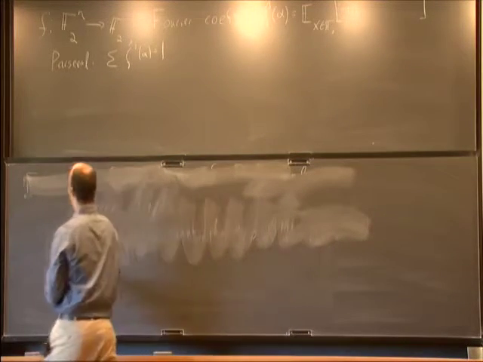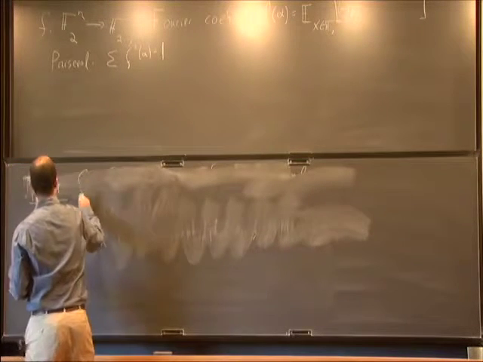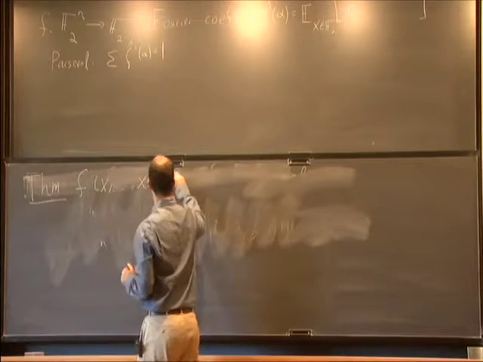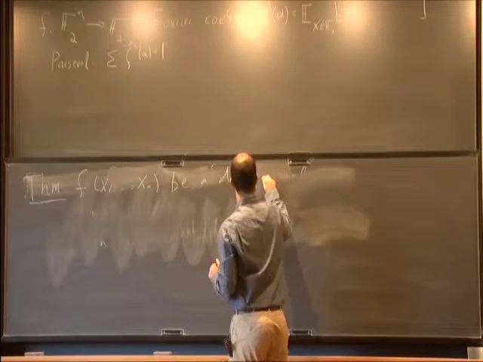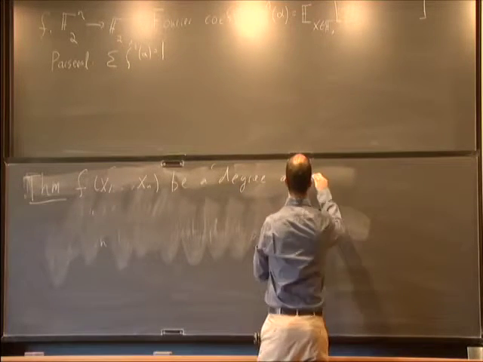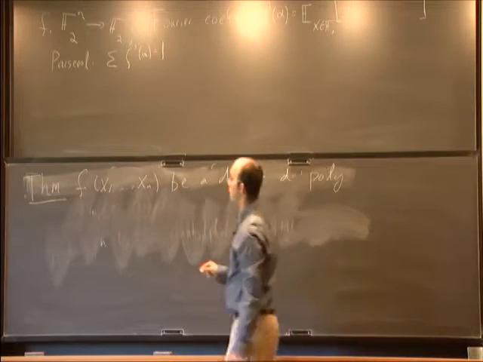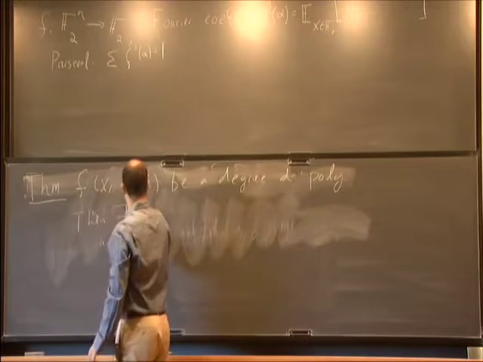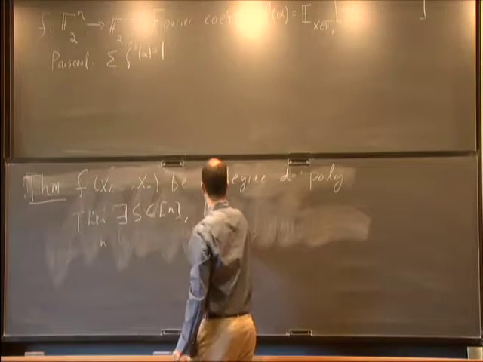So what is the theorem that we'll see today? Let f of x1, ..., xn be a degree d polynomial. Then you can always find a set S of variables, and this set is quite small.